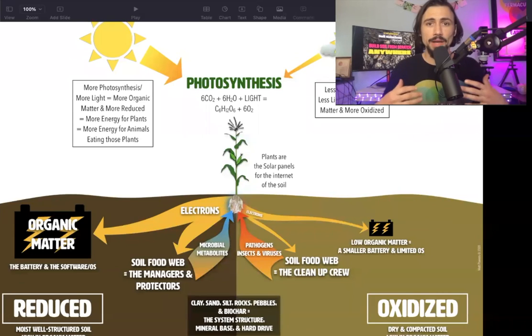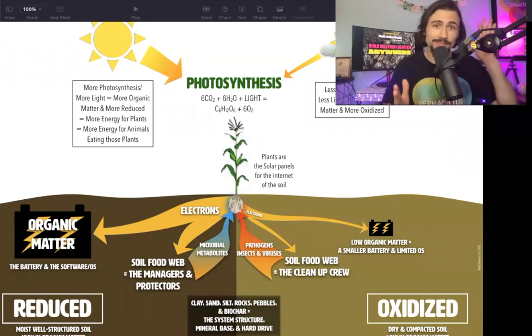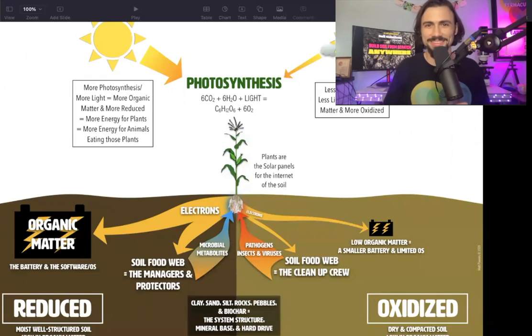And as you have more organic matter, you can actually have more nutrients without them being toxic. Some people get soil reports and they've got toxic levels, except they've got high organic matter, and so it buffers it out. But it can also hold more energy, and we're going to get into that right now.